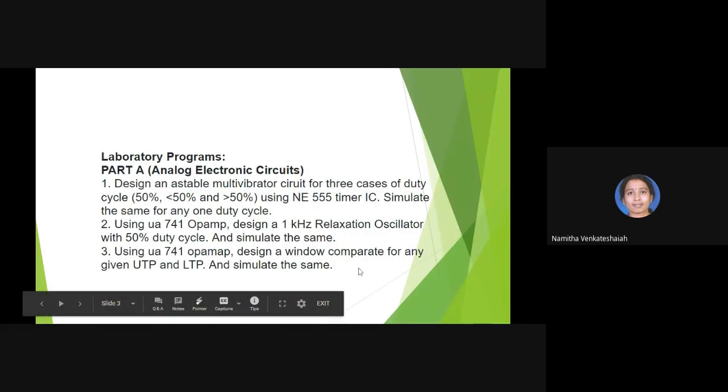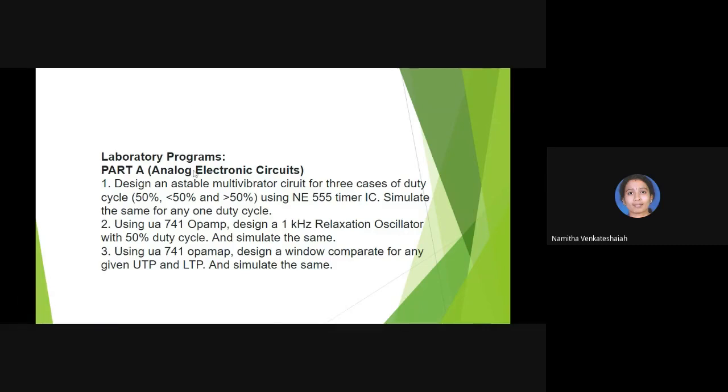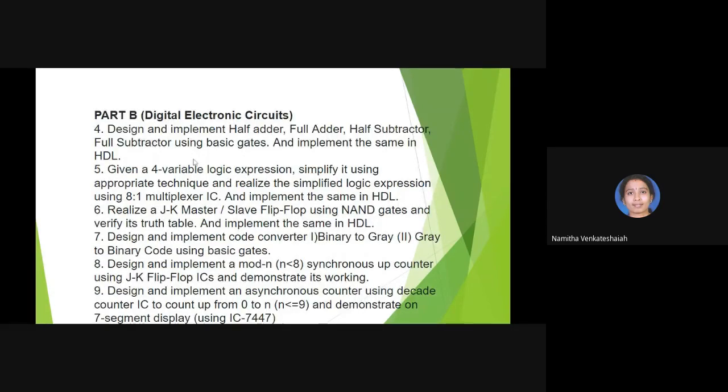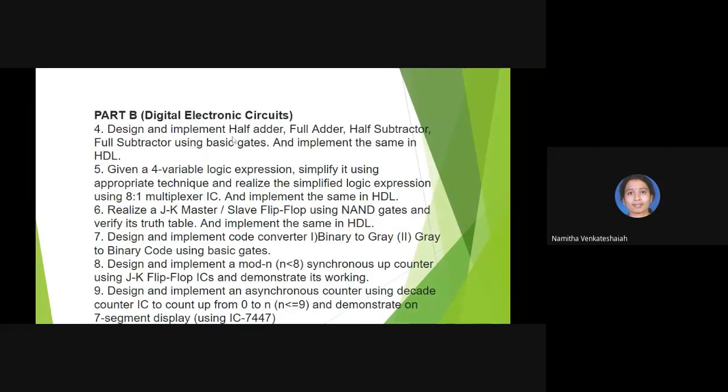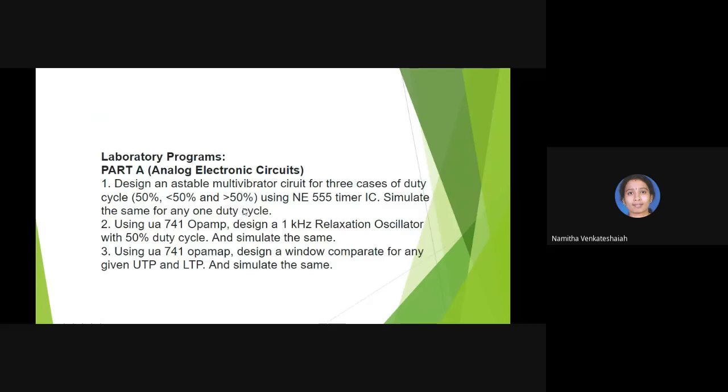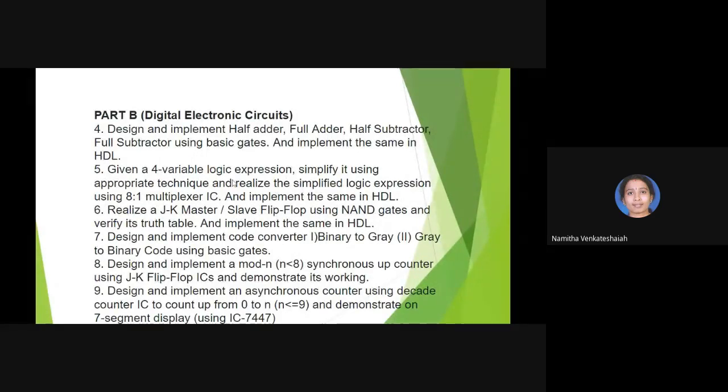Okay, 18 CSL 37. And laboratory experiments are divided into part A and part B. You can observe part A is related to analog electronic circuits. Part B is related to digital electronic circuits. So in part A, you have 3 experiments which are related to analog electronics. And in part B, you have 6 experiments.